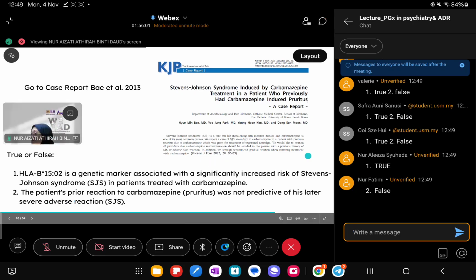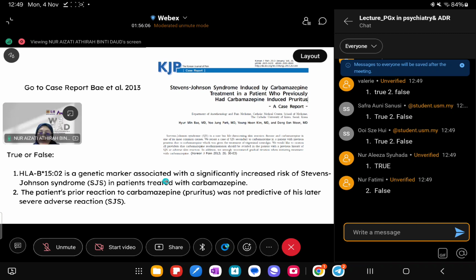Number 2, the patient's prior reaction to carbamazepine, which is pruritus, was not predictive of his later severe adverse reaction. Kita tengok, all of you say false. Yes, because the patient actually already have a warning sign.